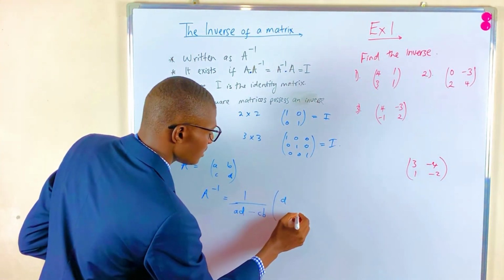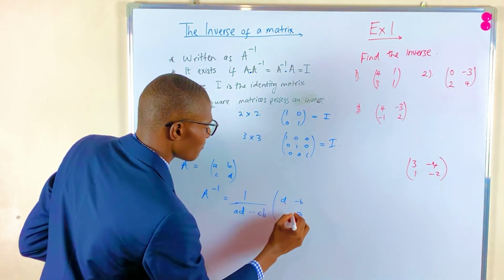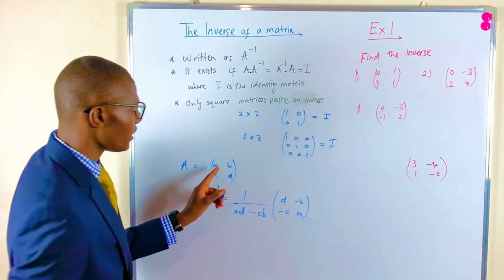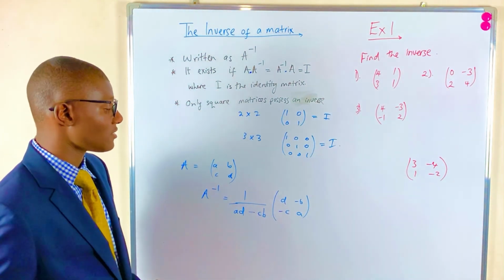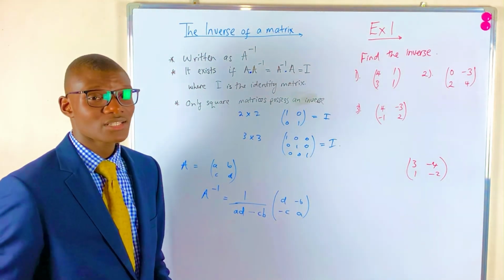This is now D, A, and then minus B, minus C. So we interchange here, and then for B and C, we just change the signs. So this is the result that we get.